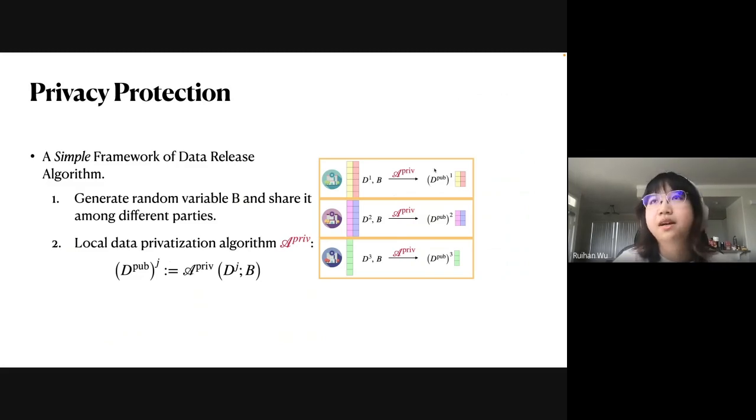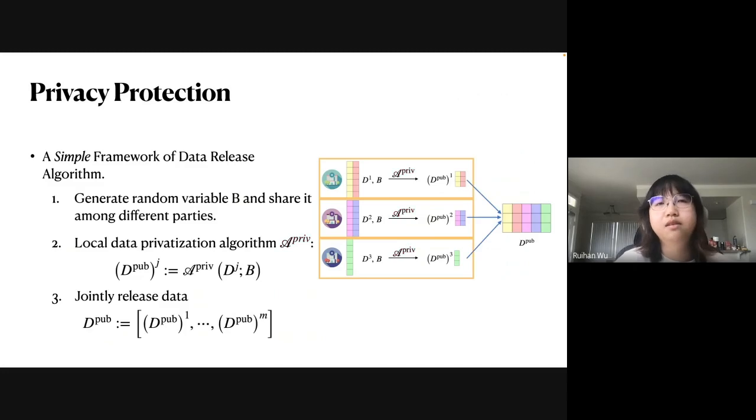So you see these private algorithms output, each party outputs their own new data matrices. And then they can jointly release the data by concatenating these new data matrices.